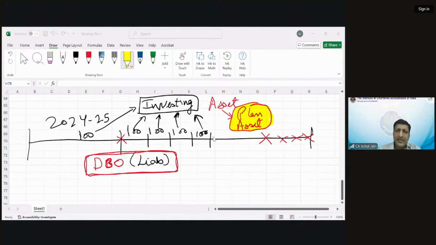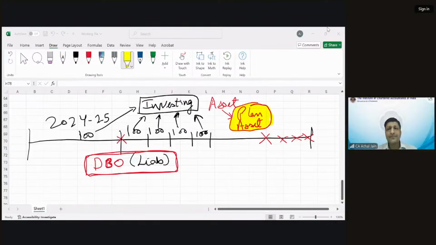So I'll just read your query. Okay, the way I've just understood. So is the company creating fund to settle this liability in future? What do you think? Over to you, everyone. Do you think this fund is created by the company to settle this liability in future? Ankit says yes. Minu says yes.